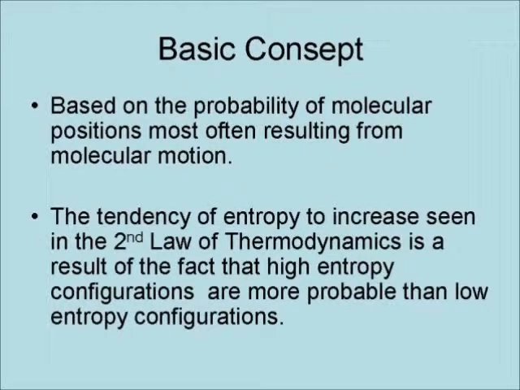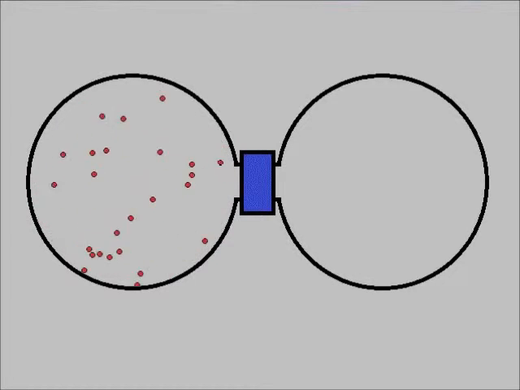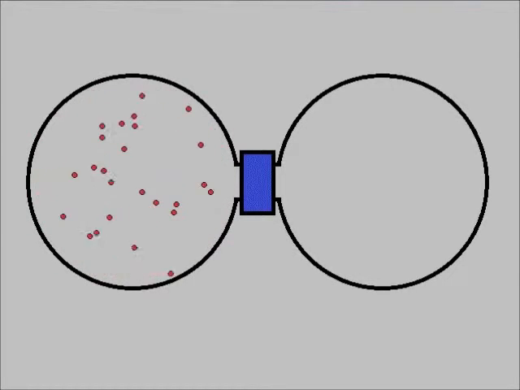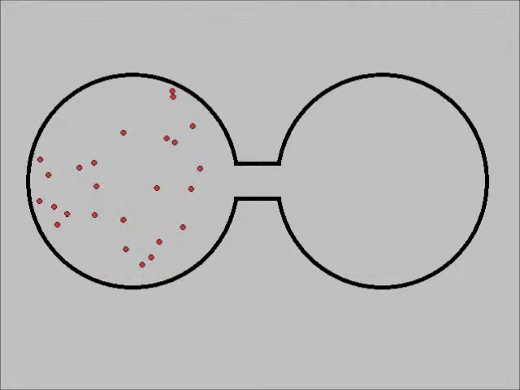The tendency of entropy to increase that is seen in the second law of thermodynamics is a result of the fact that high entropy configurations are more probable than low entropy configurations. A common example is a gas in a half-plugged container. When the plug is removed, it is highly improbable that all of the gas would remain on one side.